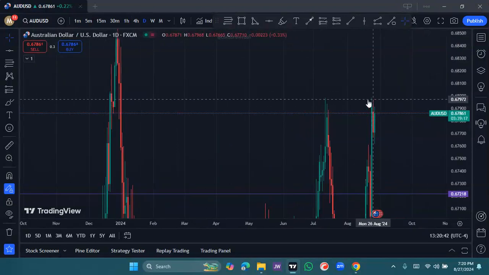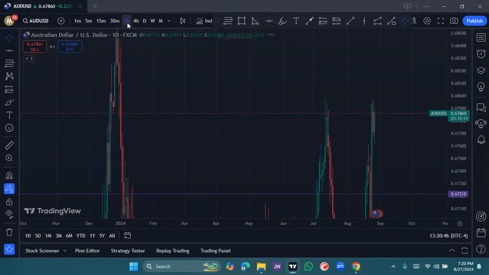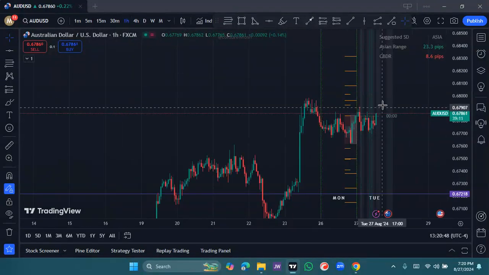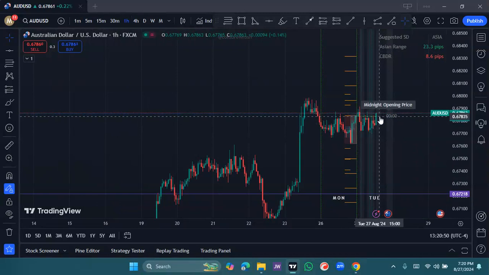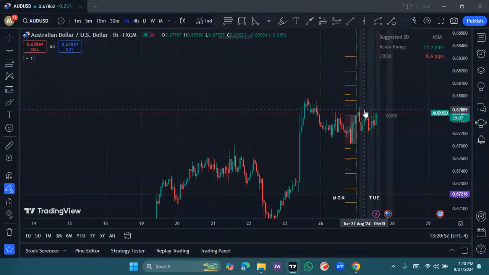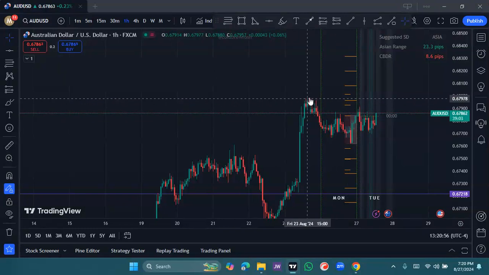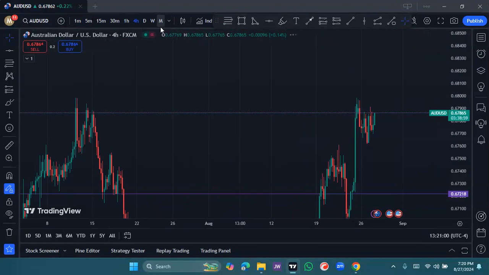If it comes and takes out these two guys over here on the 1 hour, then I think you're in for a turtle soup short. I'd be very confident if it takes out this one and two liquidities, because I know it's going to be a nice sell off.